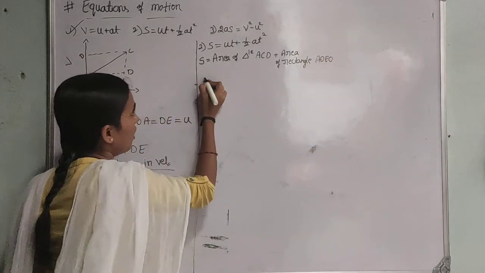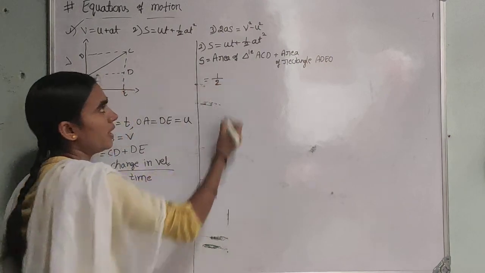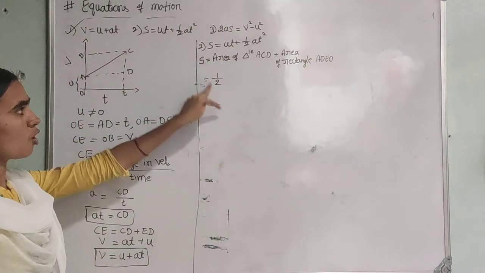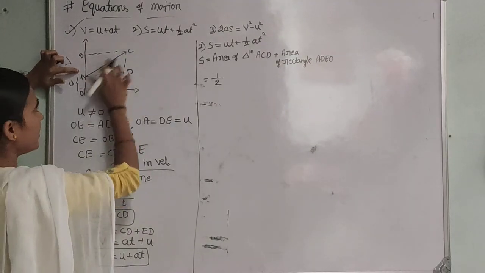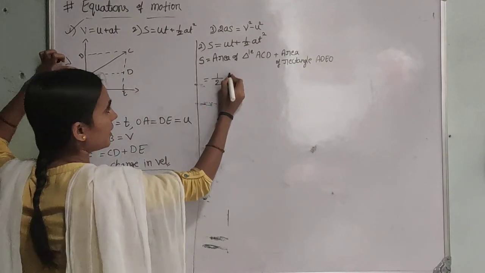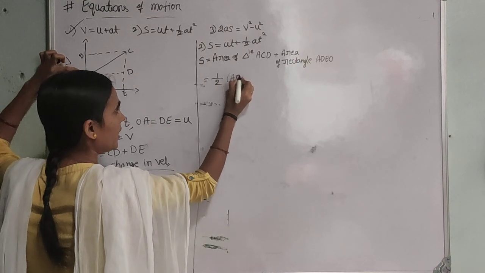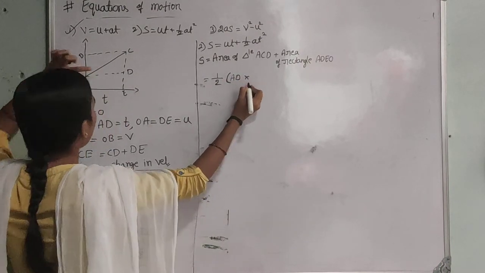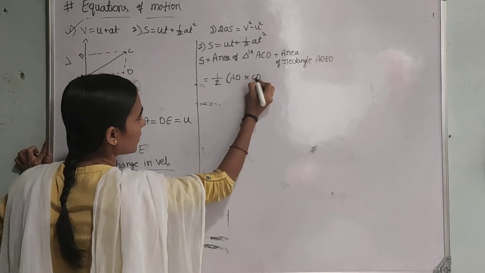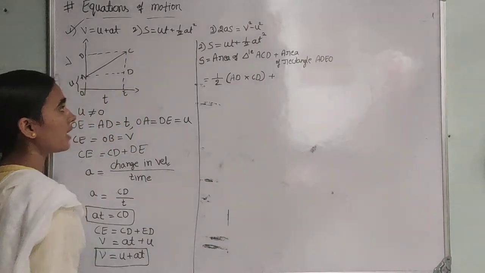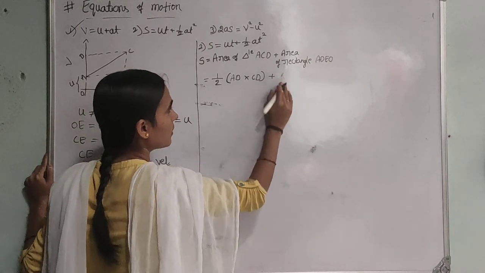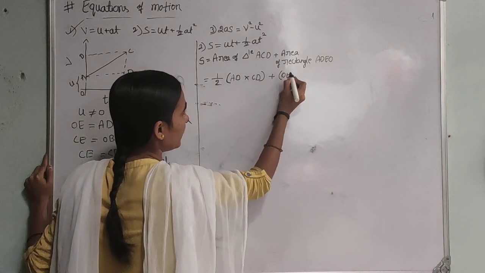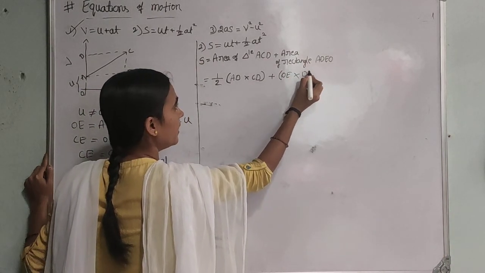Then we know the formula: area of triangle is half into base into height, and area of rectangle is length into breadth. From triangle ACD, the base is AD, and the height is CD. For the rectangle, it is OE into DE.